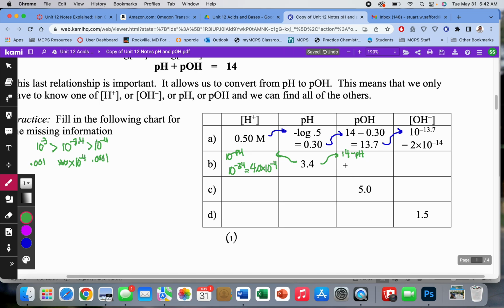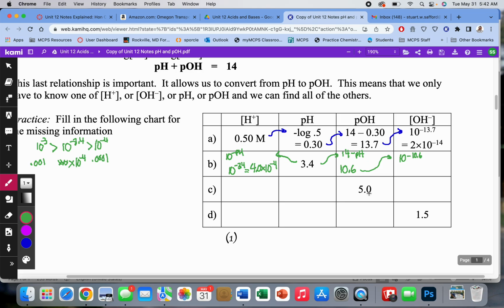And so 14 minus 3.4 would give us 10.6, so 10.6 would be the pOH. And from that, we can get the OH minus concentration. We say 10 to the negative 10.6.